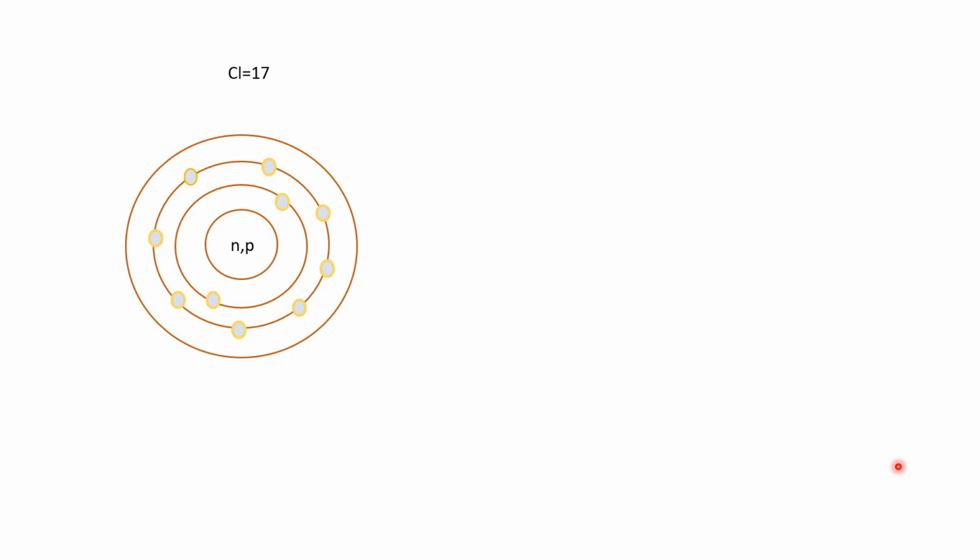The remaining are 7. So 7 are accommodated in the last orbital. Okay. Now this was your chlorine atom, and the electronic configuration was 2,8,7.